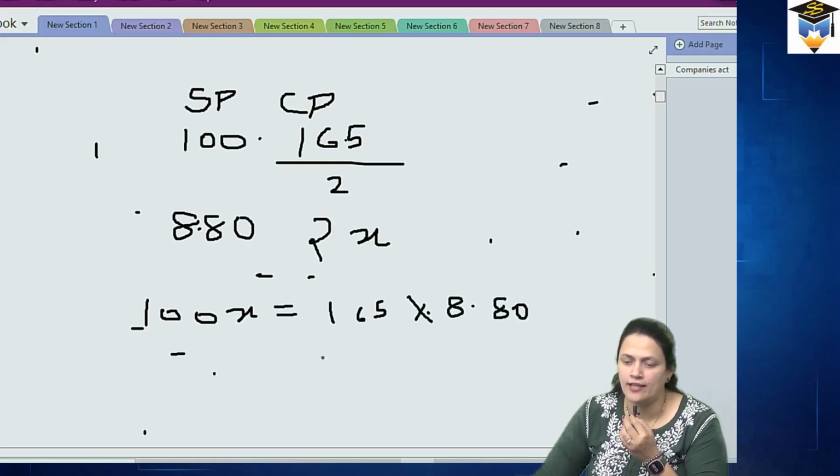So how will you calculate X? 165 into 8.80 upon 100.